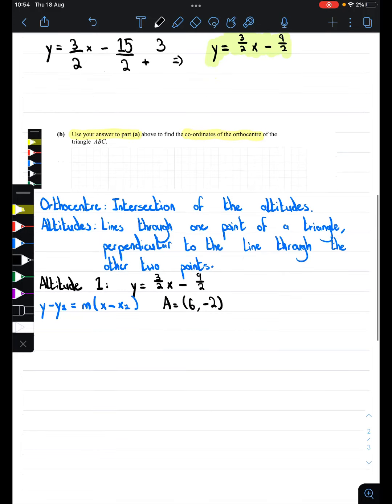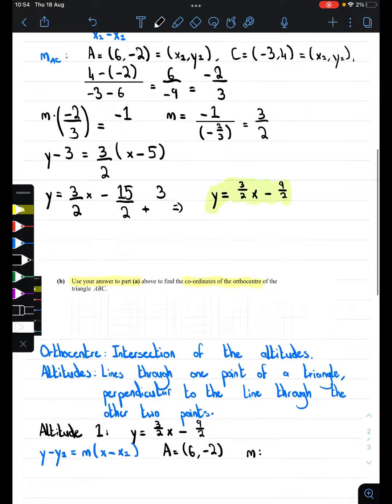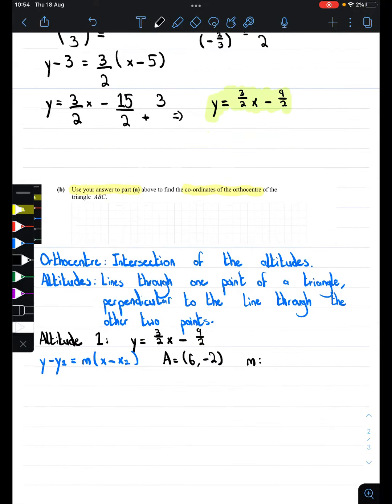And we need the slope, which we don't have, but we can find it using our slope multiplied by the slope of BC equals minus 1, because it's perpendicular to BC.